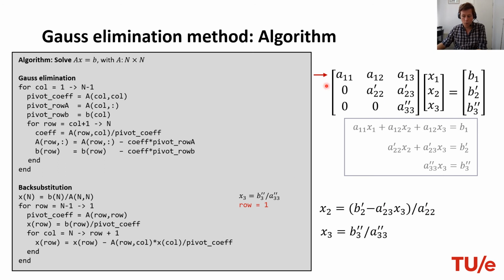Finally, we go up one more row in our back substitution. So for row 1, we do something similar. So we know that there will be 3 terms in this case. The first will be b1 divided by a11. So we set the pivot coefficient to a11. We add this term b1 over a11, and then we have to again loop over the columns starting from the last one up until one next to this diagonal.